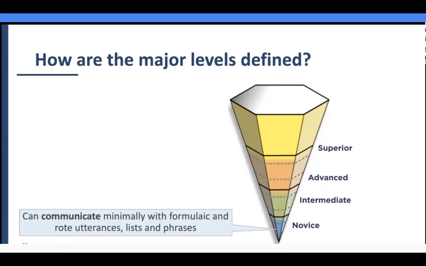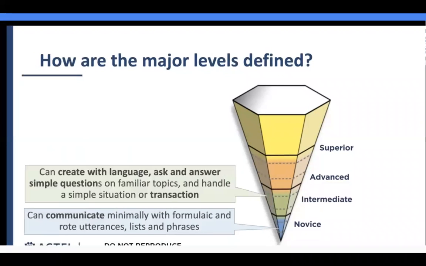And they're mostly memorized phrases and words at this level. A solid novice.